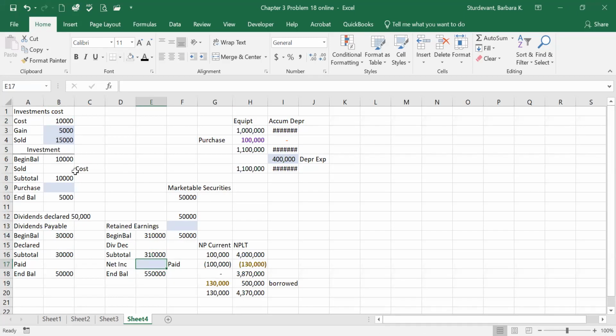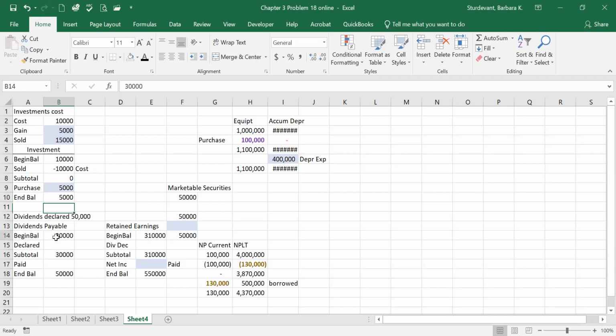What part has to come out? Here's your hint: the cost, the 10,000, has to come off, right? The cost. And so that means that we purchased what, to get the ending balance? How do you go from 0 to 5,000? Add purchase 5,000. Put 5,000 in, which is what you purchased.